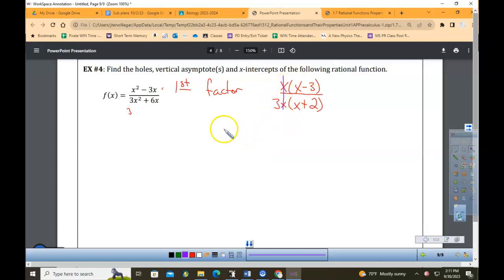Because those x's canceled, what that means is at x equals 0, there is a hole in the graph. Because if we factor and the top and bottom have the same 0, that's a hole. Okay?